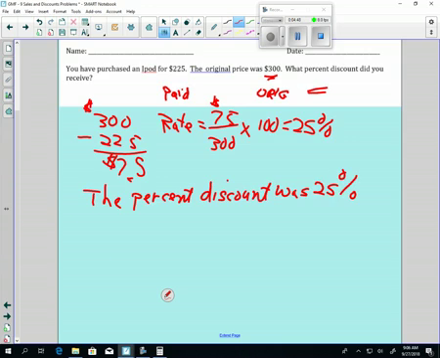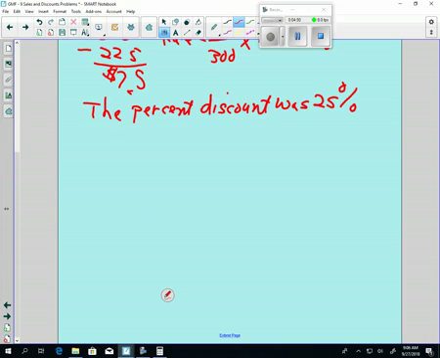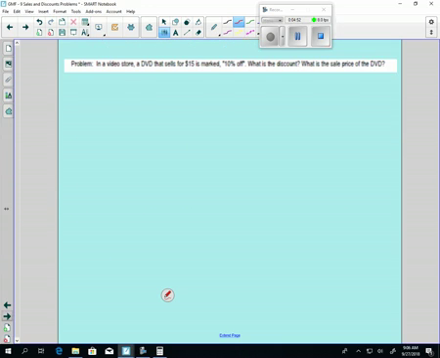Other times they may be asking you for what's the sale price? So here we have a DVD that sells for $15 and it's marked 10% off. What is the discount? How much did you save? And what is the sale price?